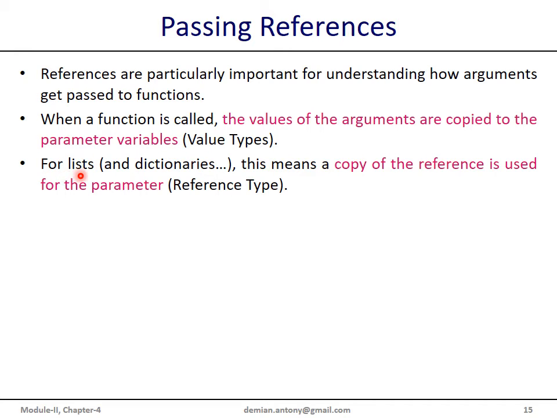If we take up a list as well as another data structure called a dictionary, passing a list or a dictionary means that a copy of the reference is passed to the parameter. These data types, like lists and dictionaries, are called reference types, because whenever a list or a dictionary is passed to a function, the list reference or dictionary reference is copied onto the parameter which is found in the function header.